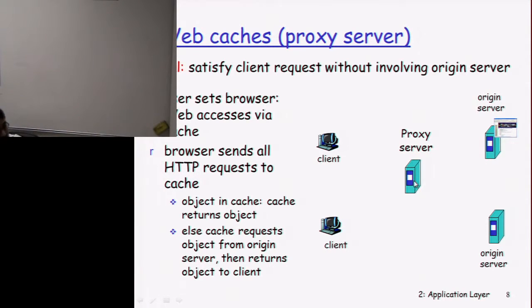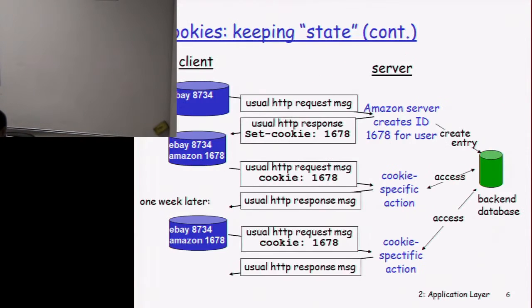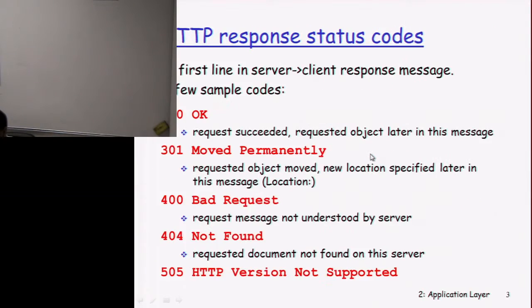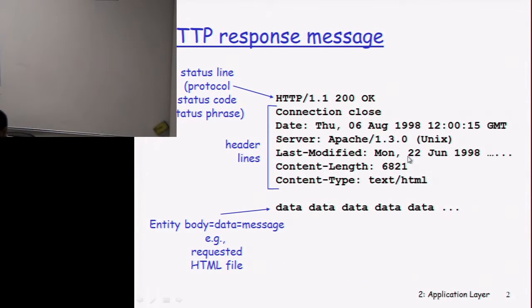Have you seen the last modified time in HTTP? In the protocol header, last modified, when the page was last modified, indicates how frequently this website is being updated. From here the proxy server can get the information about how frequently this website is being updated.